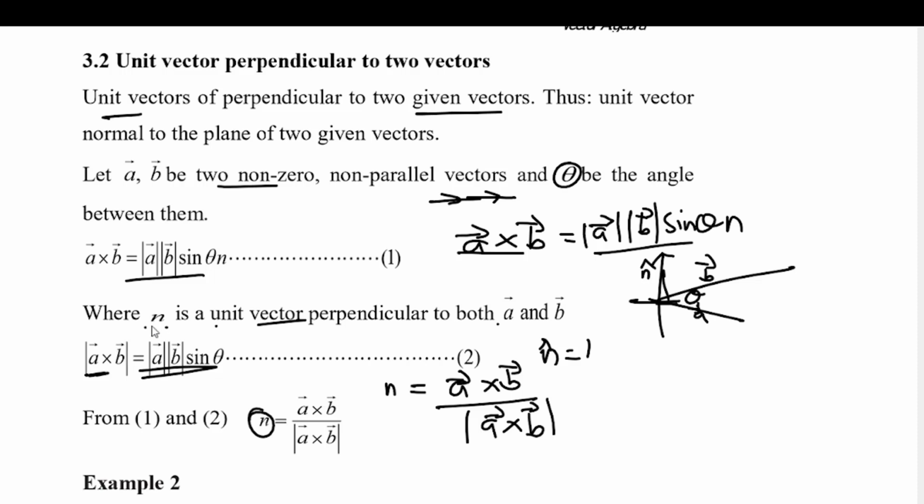Or we are saying that if n is a unit vector to both A and B, then this one is not there, and for that matter, the magnitude of A cross B will be equal to this. So from equation 1 and equation 2, when we equate equation 1 to equation 2, then we can say that the unit vector n is equal to A cross B over the magnitude of A cross B.